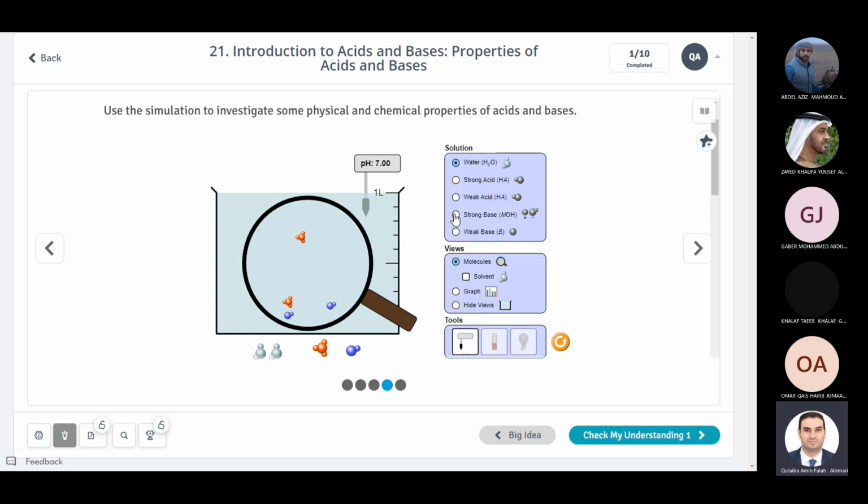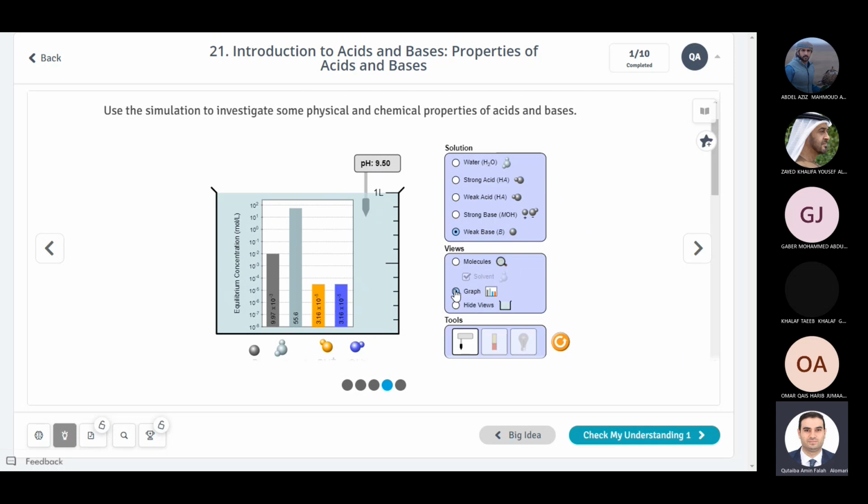Now let's check the base. The base should be the opposite of acid. So it will not be less than, it should be more than. So more than 7: for a strong base, 12; for a weak base, 9.5. Okay, can we see the solvents? Yes, we can see that we have acidic, basic, and the water itself.